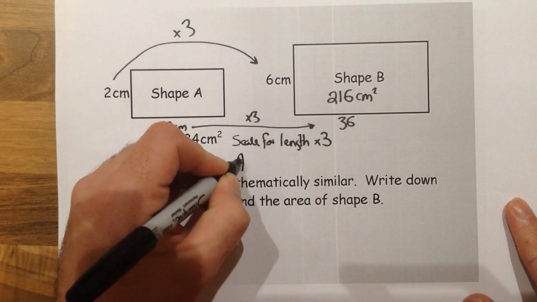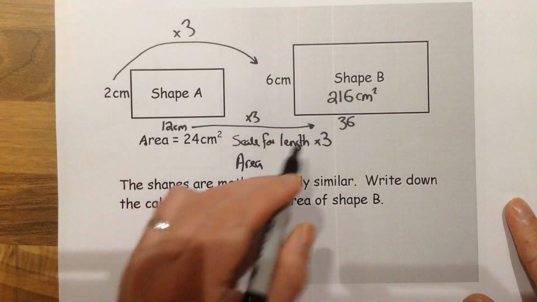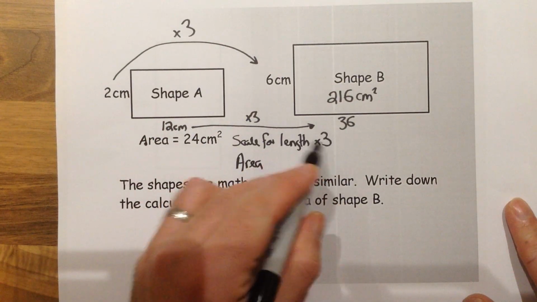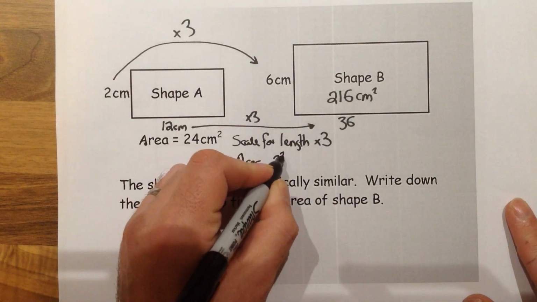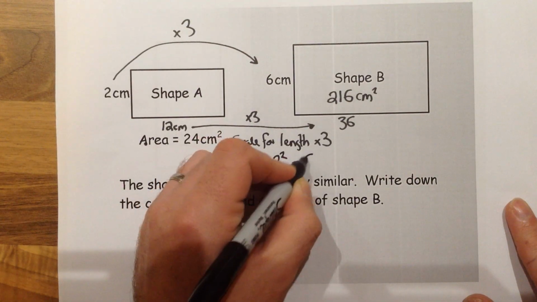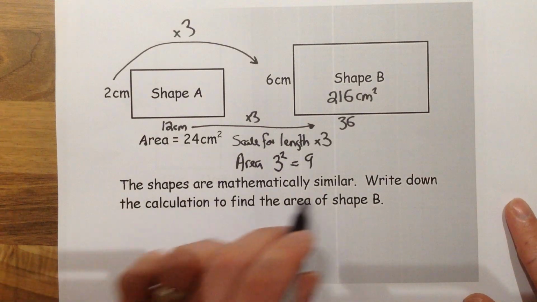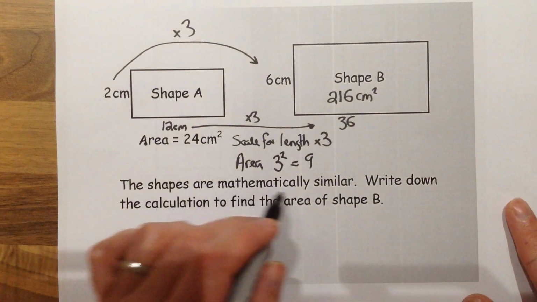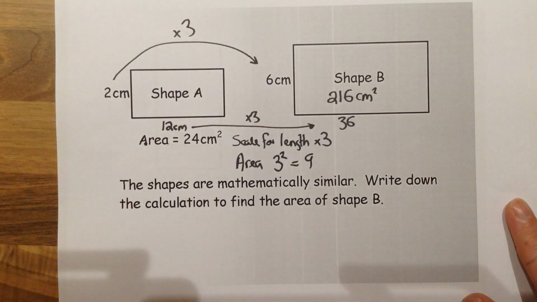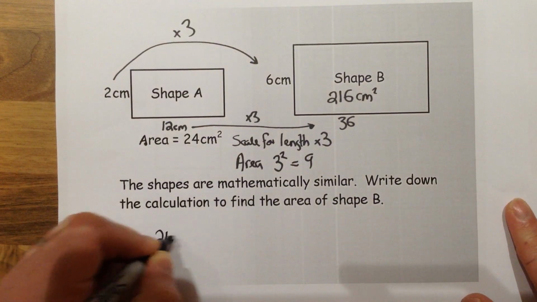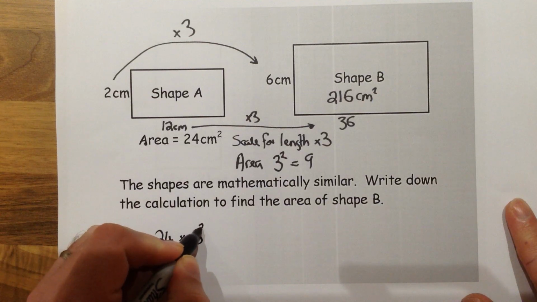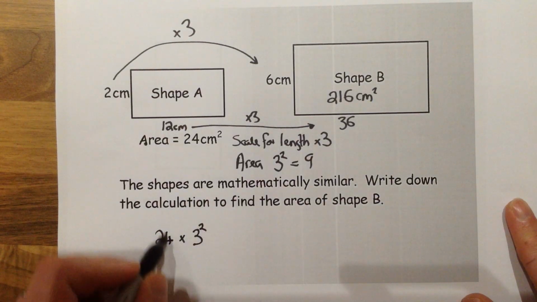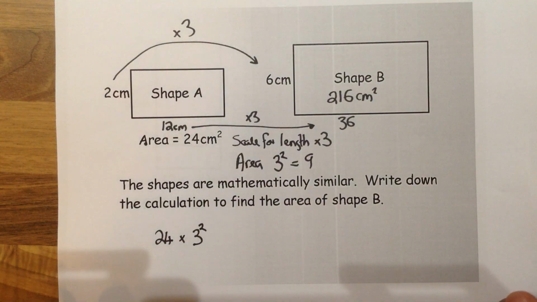But for the area, it is actually 3 times 3 again. So 3 squared, which in this case is 9. So here, where it's asking me for a calculation to find the area, we would have to do 24 times 3, which is a scale factor, squared, because this is how we would do the scale factor for an area.